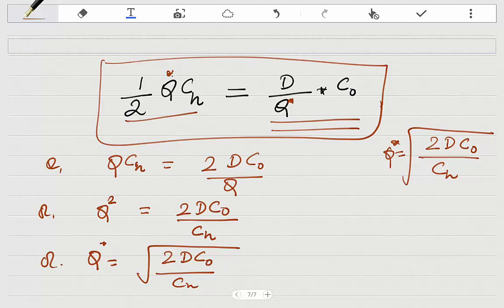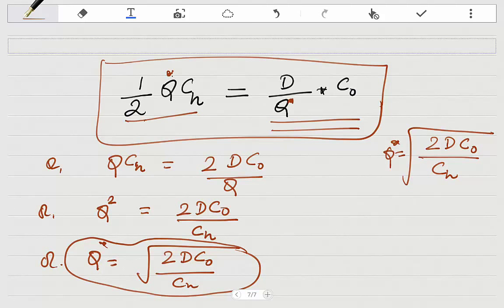We will call this Q star. If you find a Q star using this formula, that will balance the cost of holding with the cost of ordering, and I'm claiming that this will minimize our total cost.